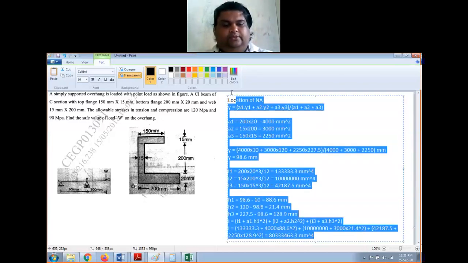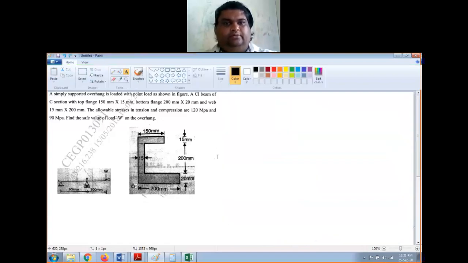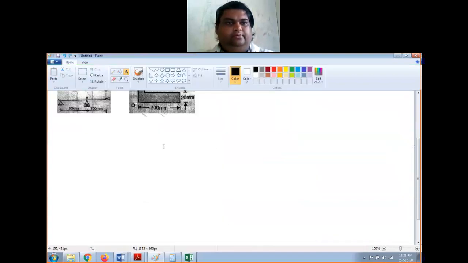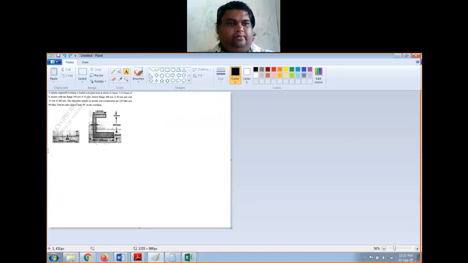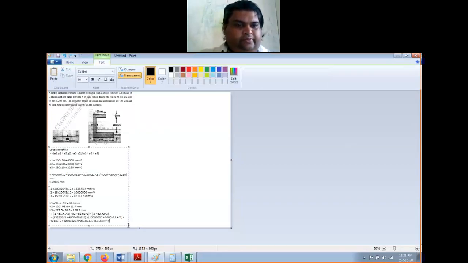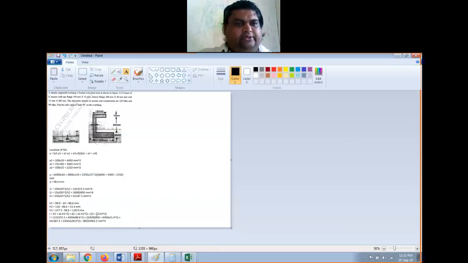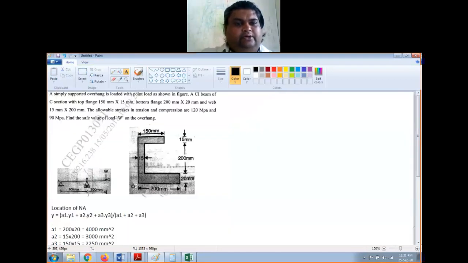I will just put it here. Okay, now I have calculated the moment of inertia. Now the next part is to find the maximum bending moment of this particular beam, right?